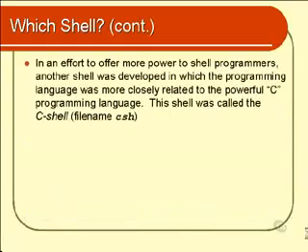Specifically, the C shell. There's another little bit of Unix wit there for you. You may or may not have heard of a programming language, a very powerful programming language called C. There was a movement at one stage during early C programmers who worked in Unix that they wanted to have a shell that would offer a programming language that was perhaps more powerful, or at least more similar to their favorite C language.